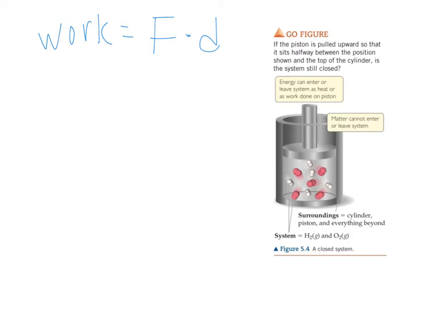Previously in this set of notes we talked about how work equals force applied over a distance, or force times distance. And we had this picture, I believe, where we had a gas in a container and it expanded. Actually, let's pretend there's a reaction that takes place.